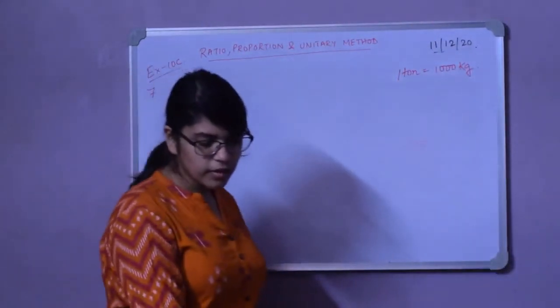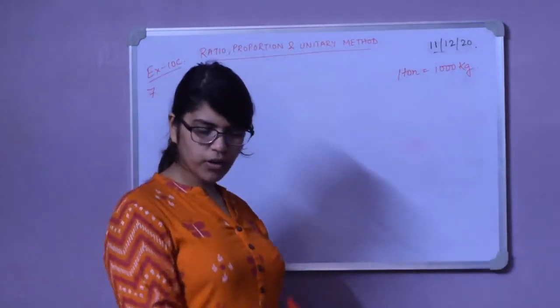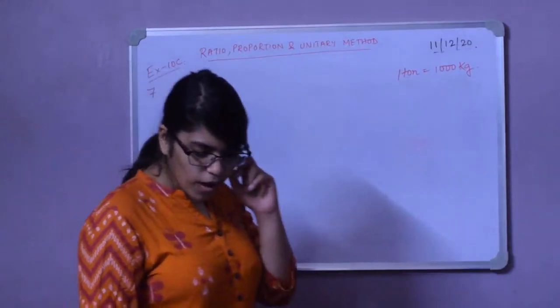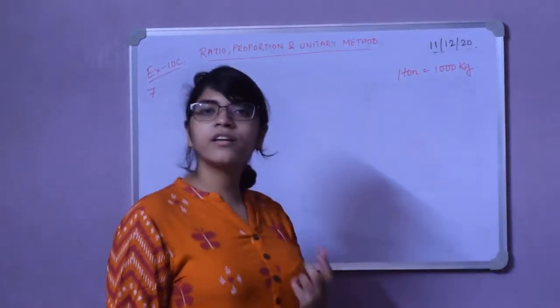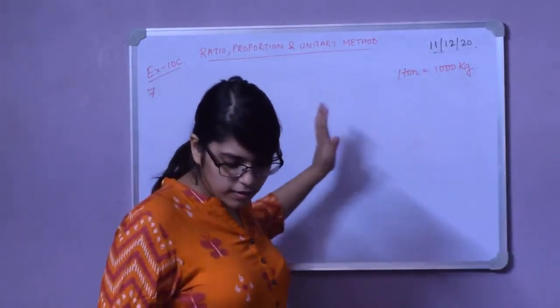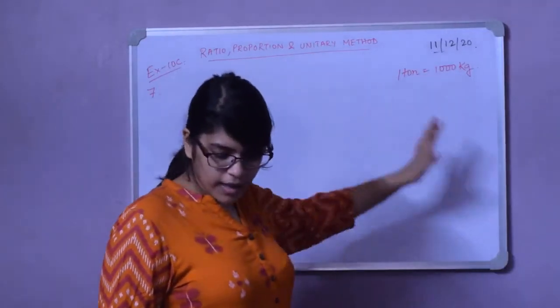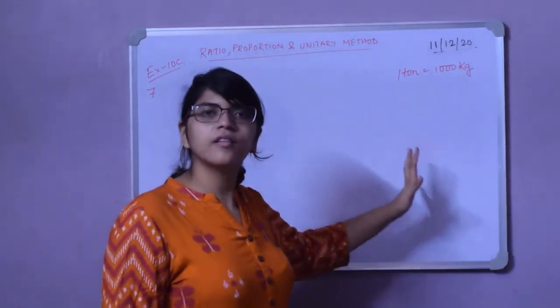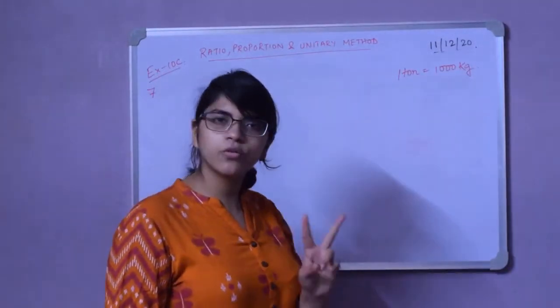Sum number 7 says a transport company charges rupees 540 to carry 25 tons of weight. What will it charge to carry 35 tons? Always remember, while reading the question you have to see that there are two parameters given. One is rupees, the cost, and the next one is weight, that is tons. Now we have to see which is given 2 times.